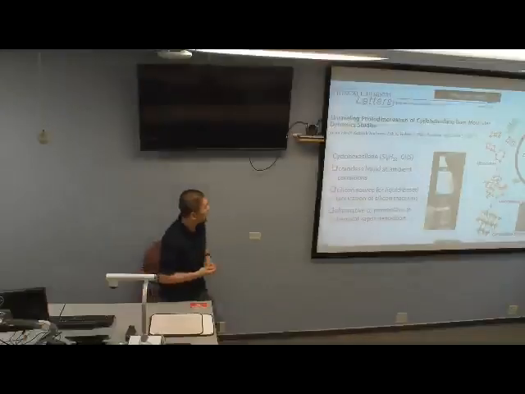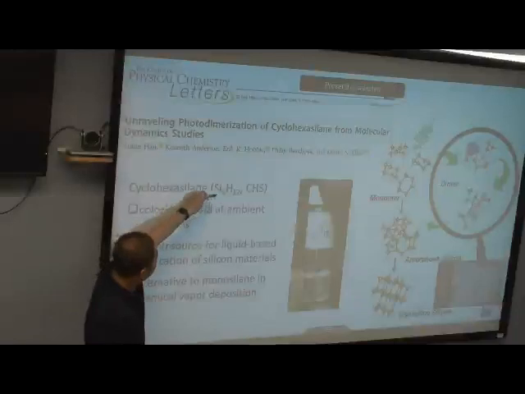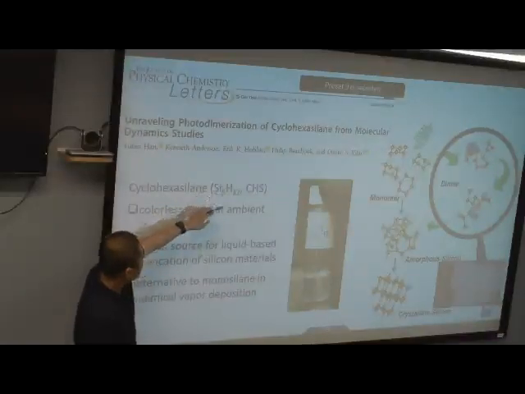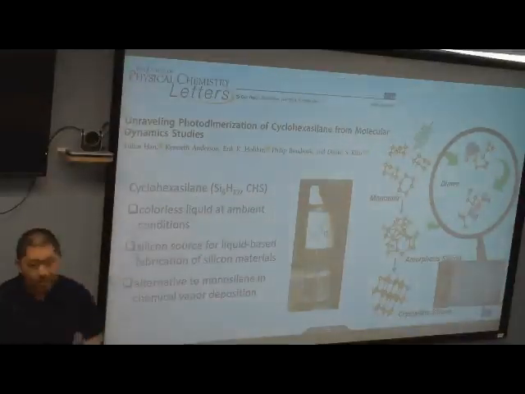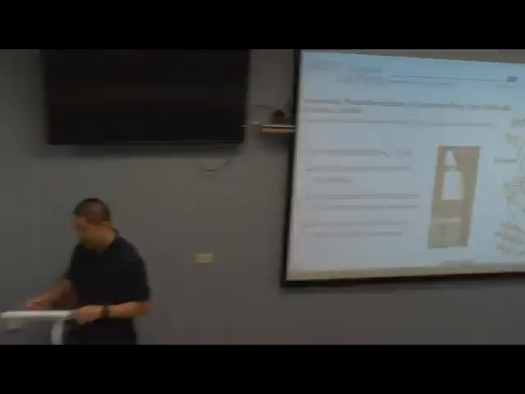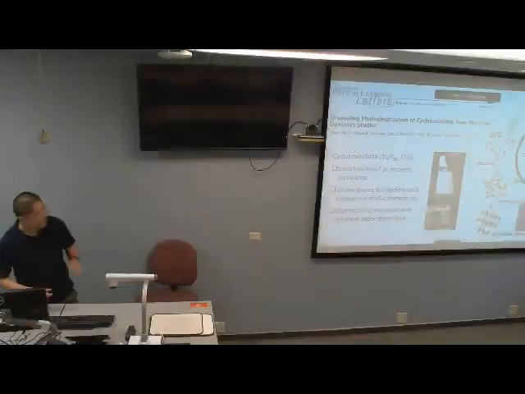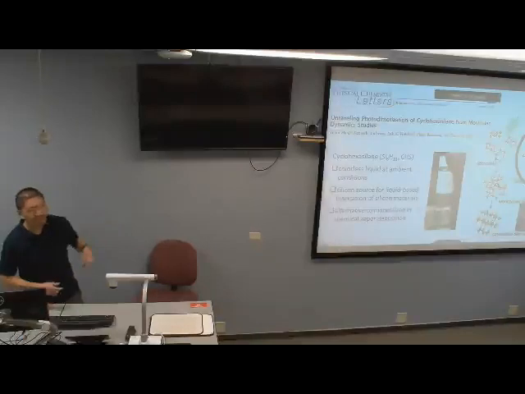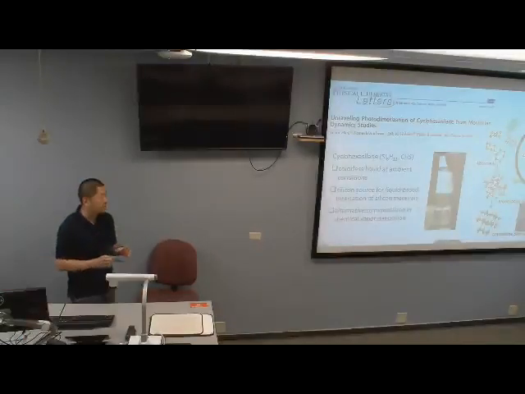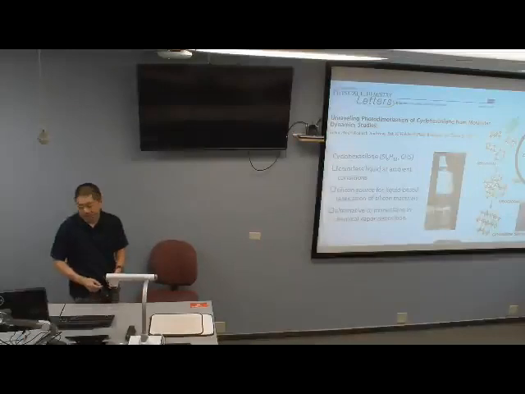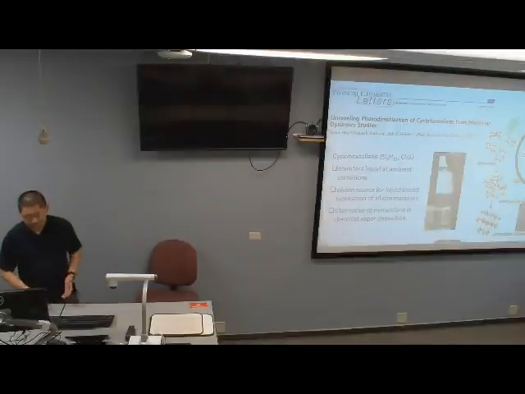Okay, so what is CHS? This is the chemical formula for CHS. It is a colorless liquid at ambient conditions. This kind of compound has attracted much attention because it can be used as a silicon source to prepare silicon-containing materials using liquid-based fabrication techniques.